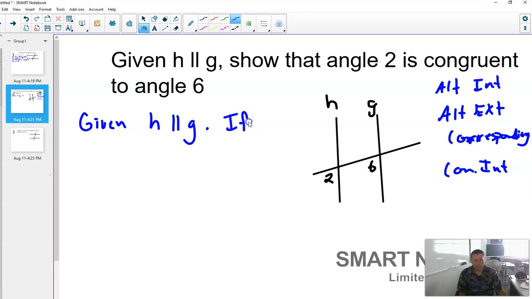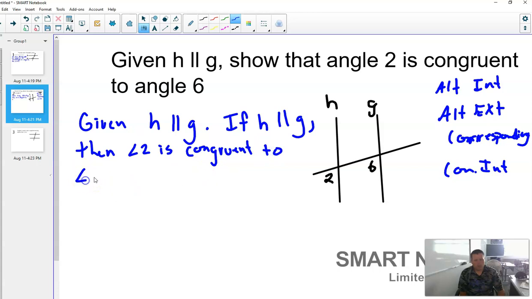So if H is parallel to G, then angle 2 is congruent to angle 6. And then I'm just going to add this statement.